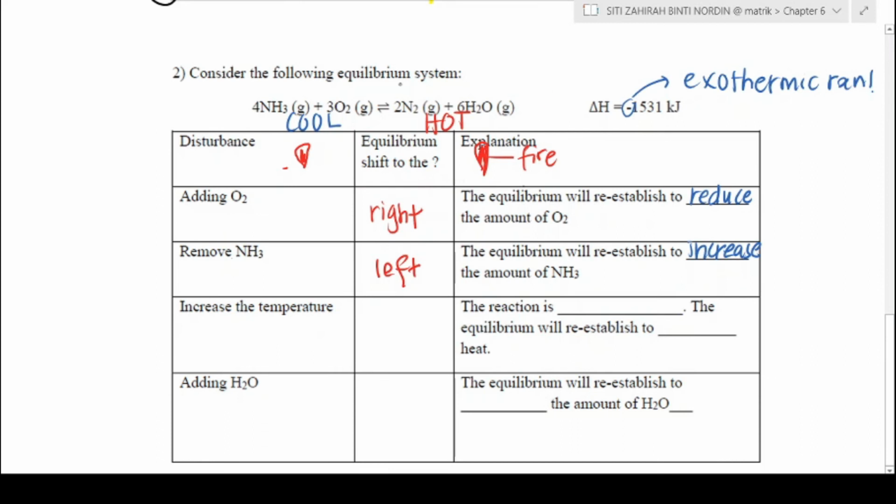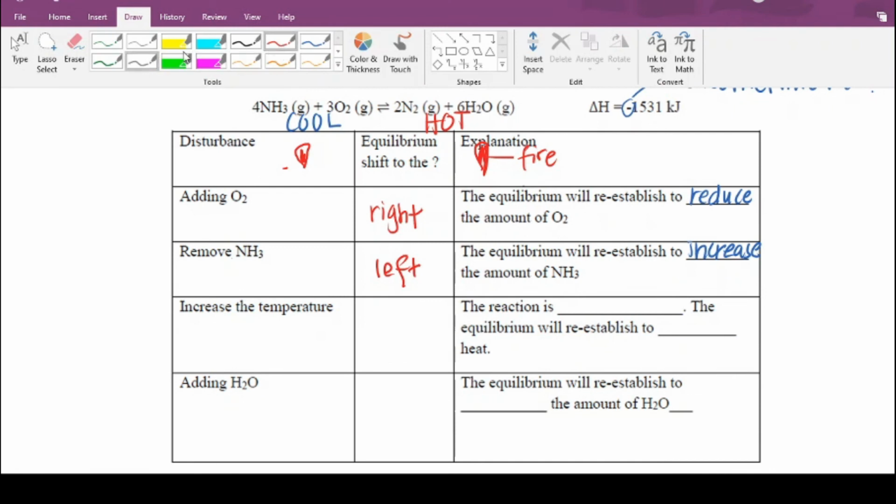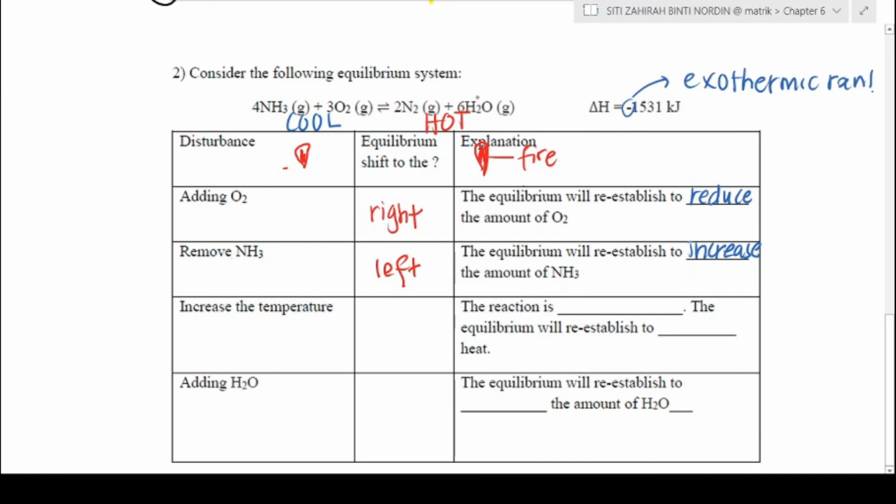Which side is going to get even hotter? That would be our product. So the product will become even hotter, so we need to balance it. We must move from the hot place to the cool place. When you are feeling hot, you need to cool yourself down, so the equilibrium will shift to the left.